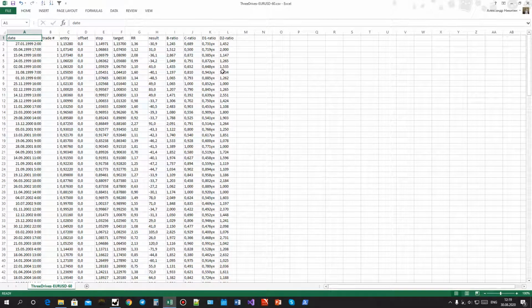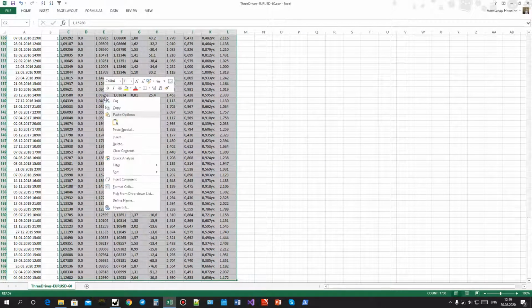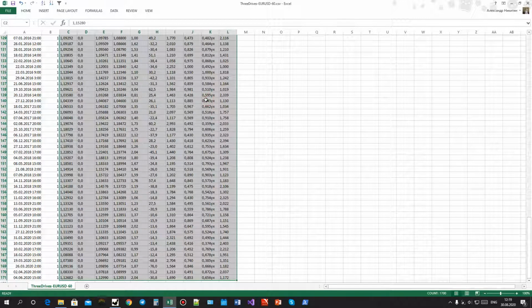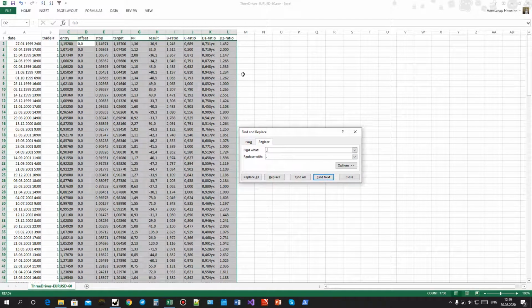Okay, what I need to do here, I need to turn them to numbers because they have European format. And what I need to do, replace the comma by dot, so they will be formatted as numbers.